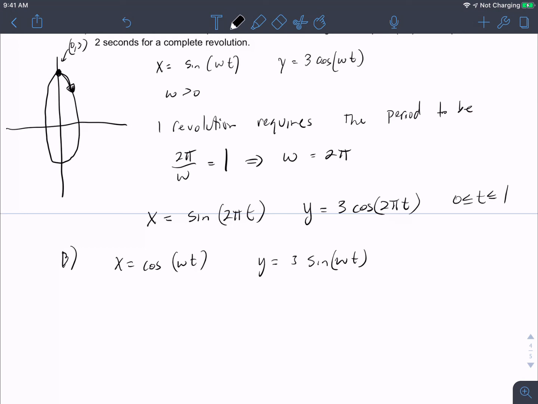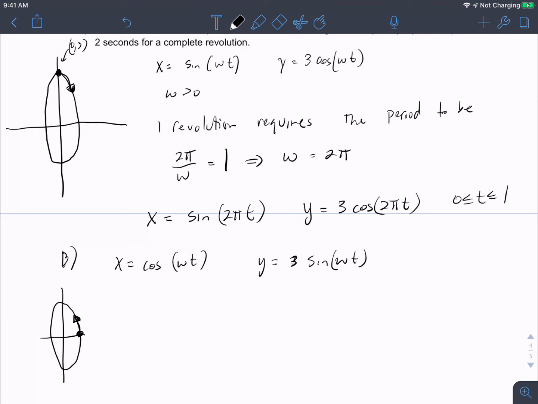And since we want it to be counterclockwise, we want our x values to be decreasing and our y values to be increasing. And again, that's because in this case, we're starting here and going in this direction, counterclockwise.